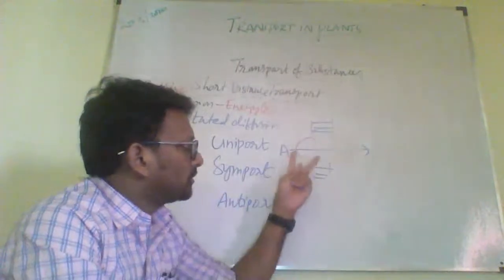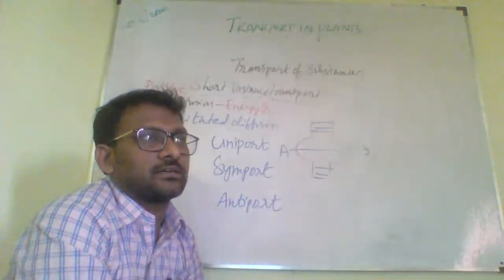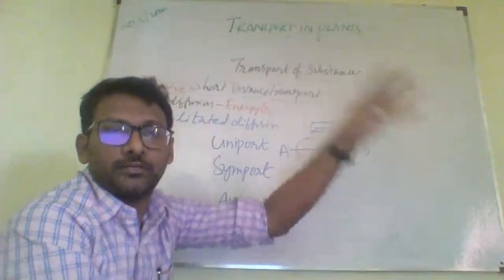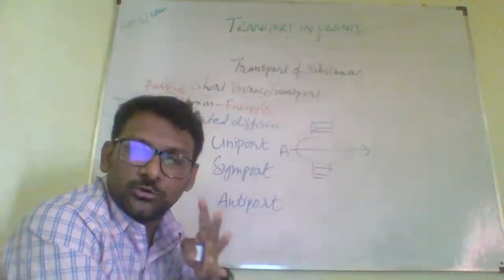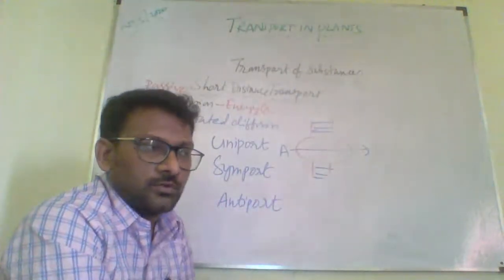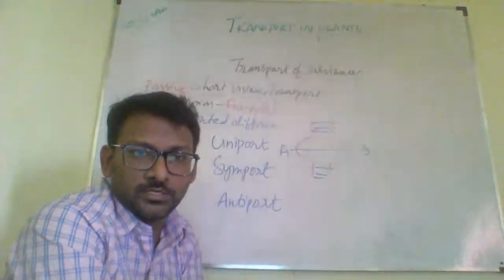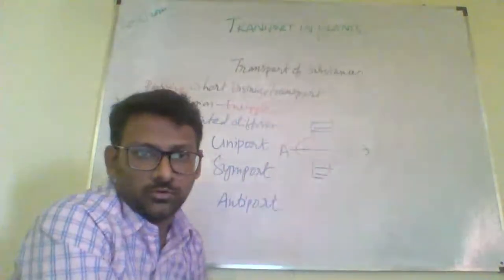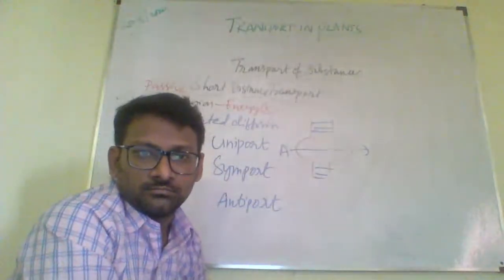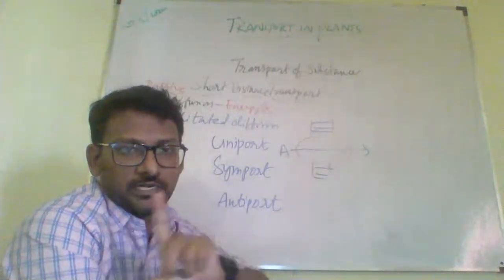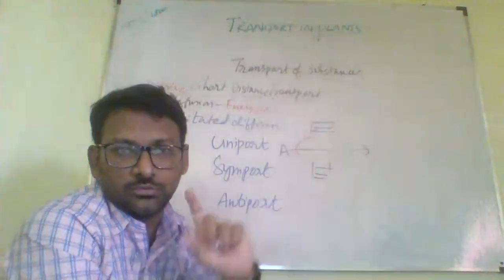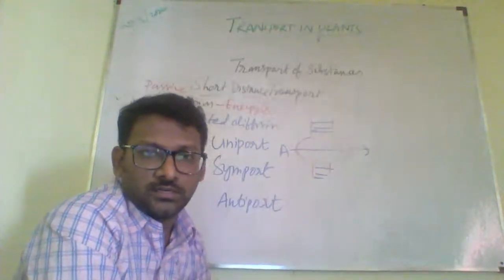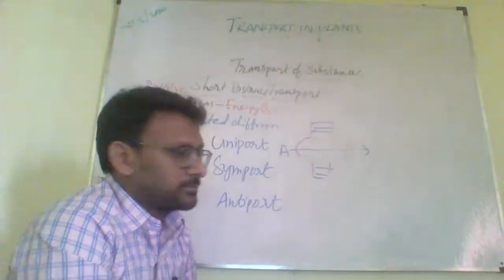It's like you going to the movie alone, from Gobi Arch to Gion, in a single direction. Only one type of molecule, only you alone going. Is that clear?